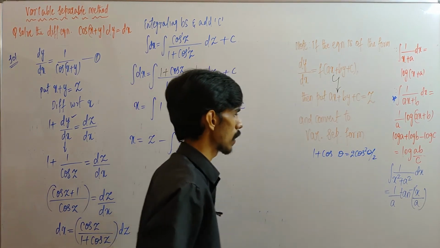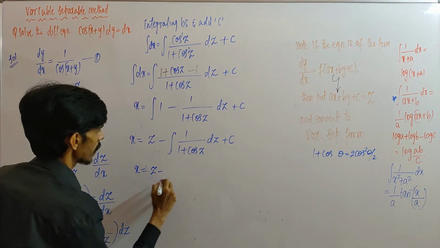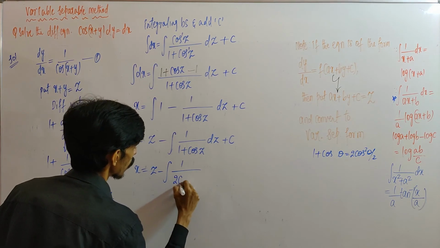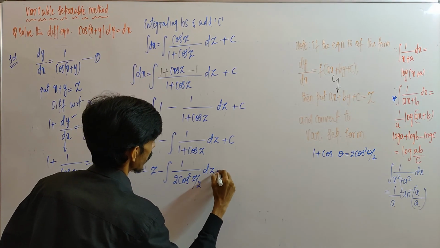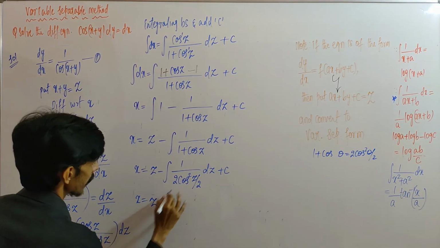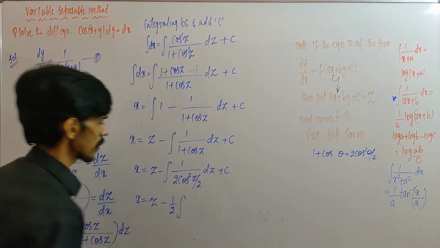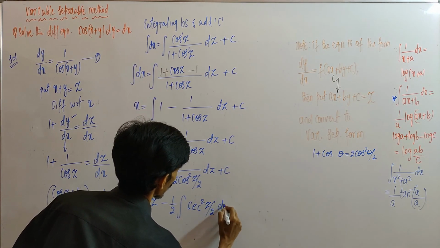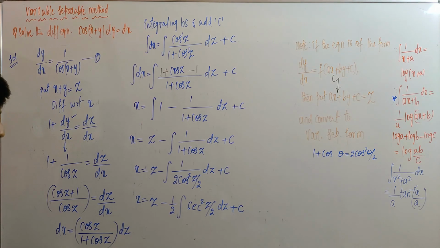So applying this here, x is equal to z minus integration 1 by 1 plus cos z value is 2 cos square z by 2 dz plus c. So here I have x is equal to z, take this 1 by 2 outside, 1 by 2 integration 1 by cos is secant, secant square z by 2 dz plus c.